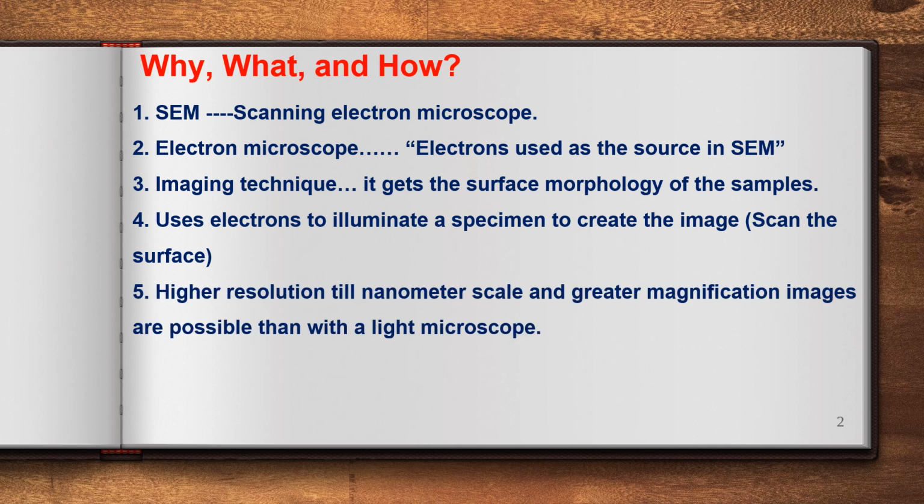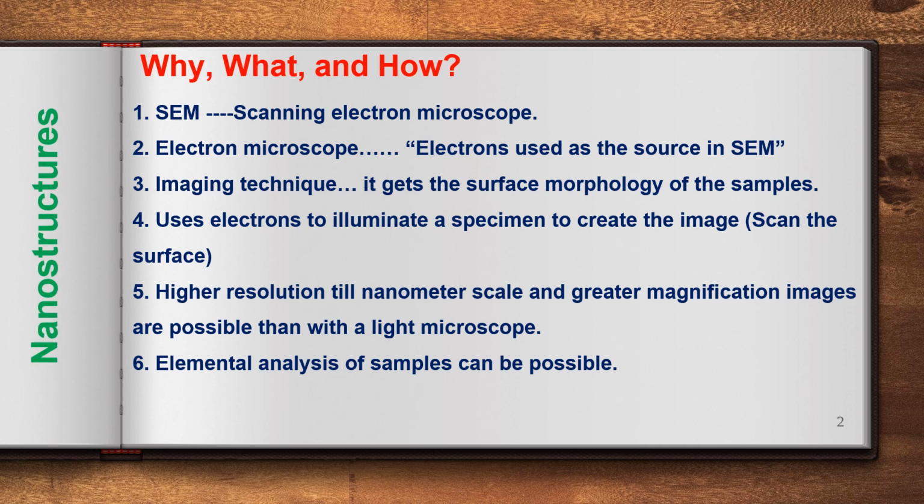Higher resolution down to the nanometer scale and greater magnification images are possible compared to the existing light microscope. In addition to this, one of the most important features is the possibility to analyze the elements present within the sample. So this technique is useful to understand different nanostructures.